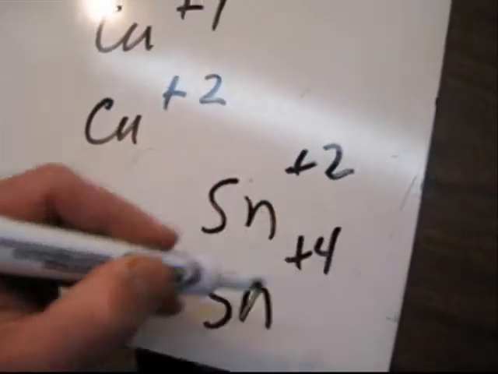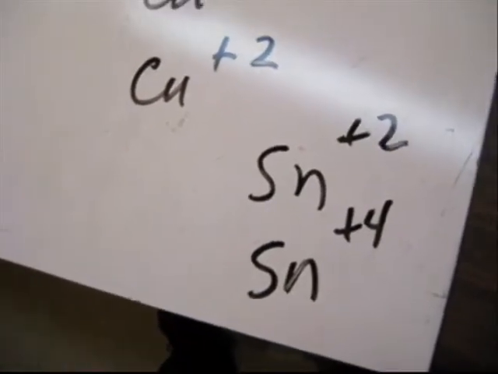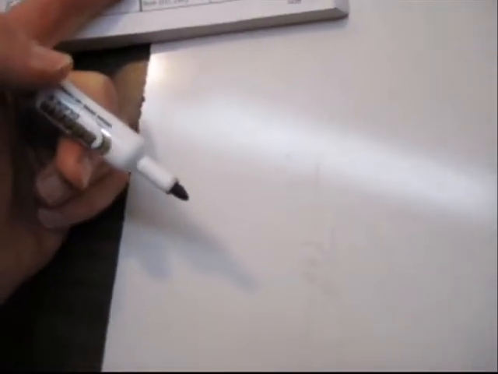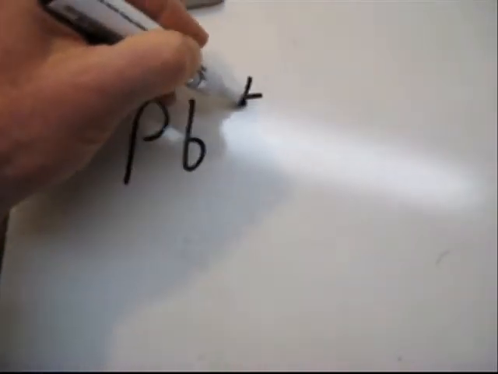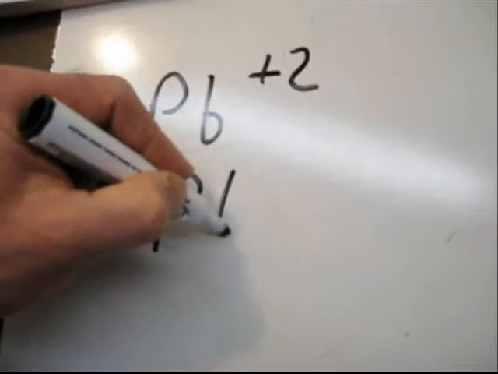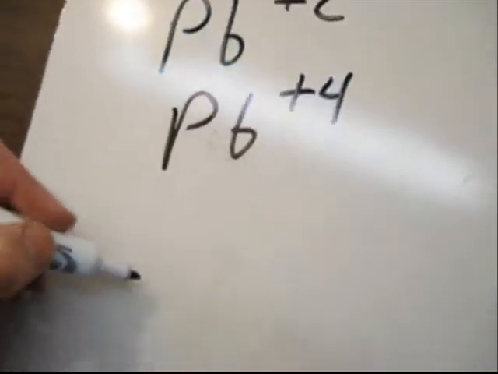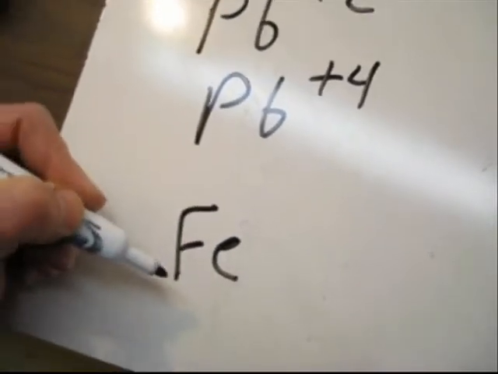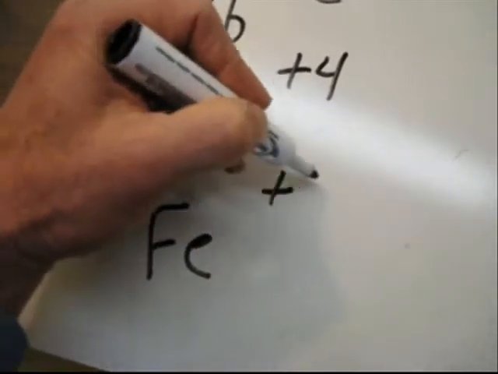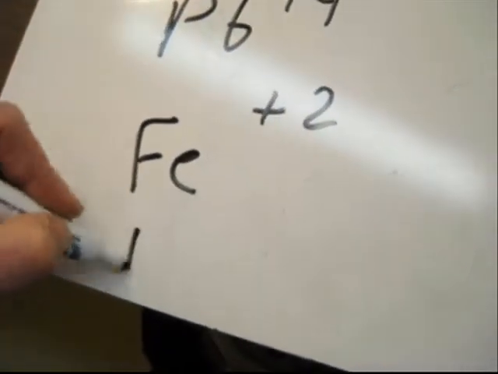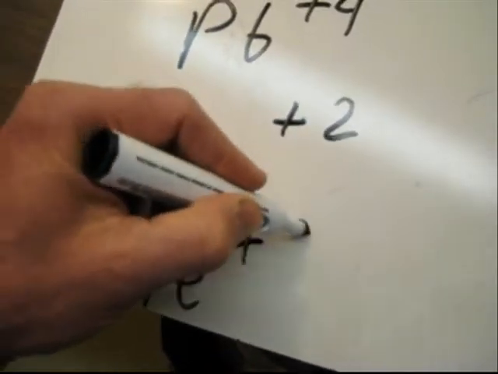Tin 4 is Sn plus 4. Lead: plumbers use lead, so its symbol is Pb. Plumbum is the old name for lead, so it's lead 2, Pb plus 2. Lead 4, Pb plus 4. And then the last two we have iron. Iron, if you recall, is Fe. Iron 2 is Fe plus 2, and iron 3 is Fe plus 3.